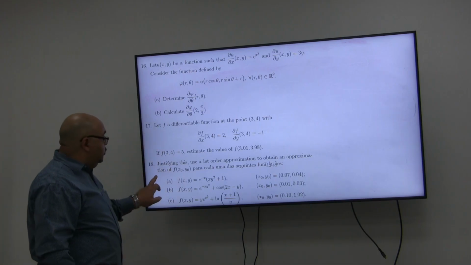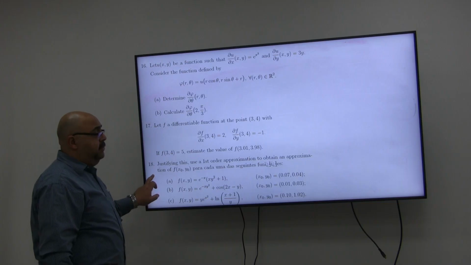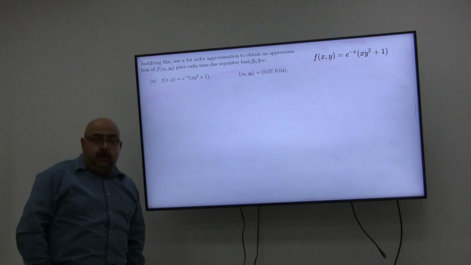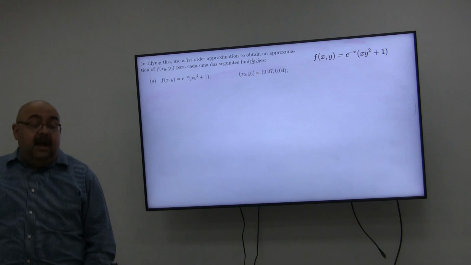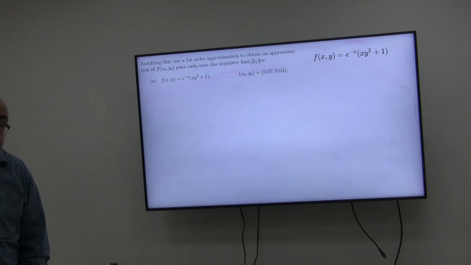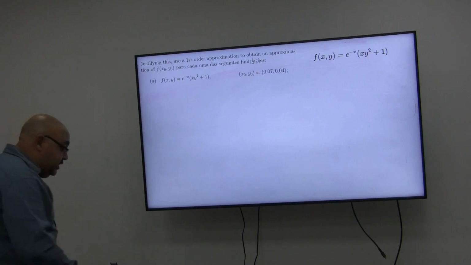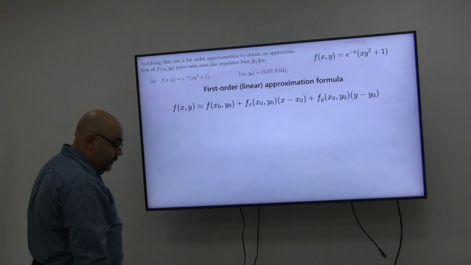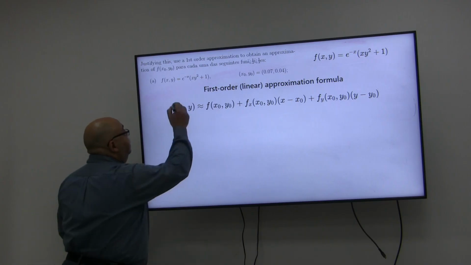I want to solve the last problem in the sheet, which is about the approximation of a function. In order to approximate a value of a function using the derivative, I will use this equation. We already had it previously. This is really very important.